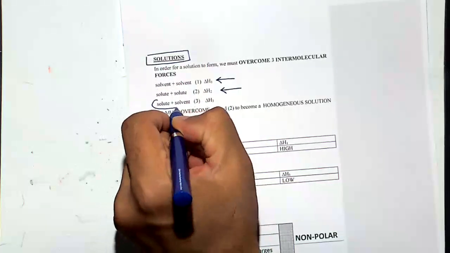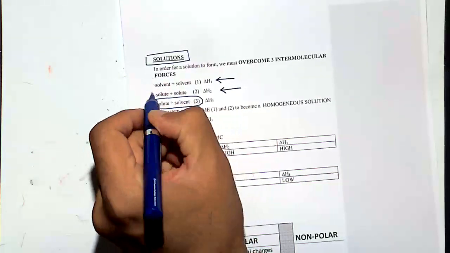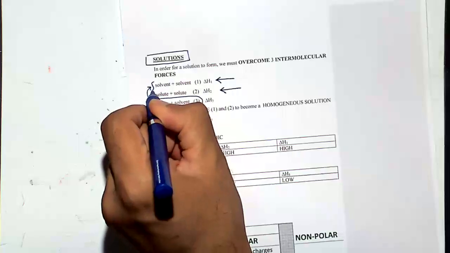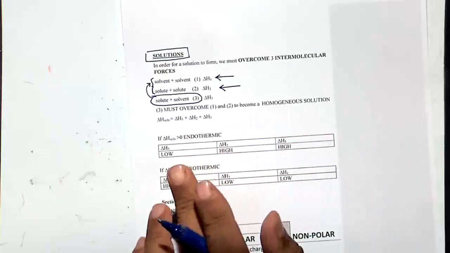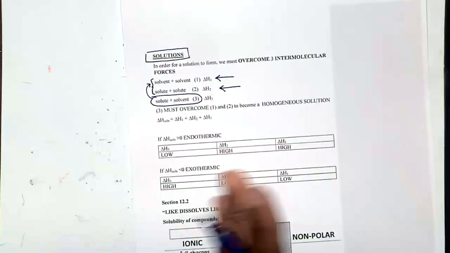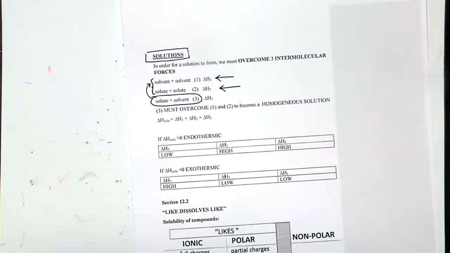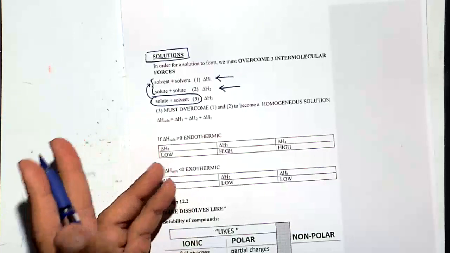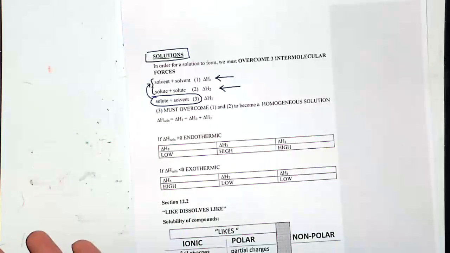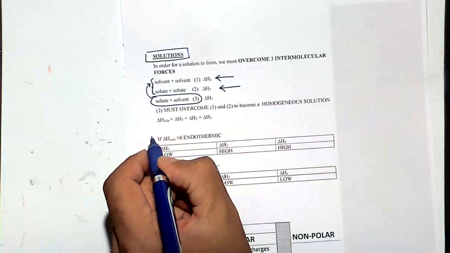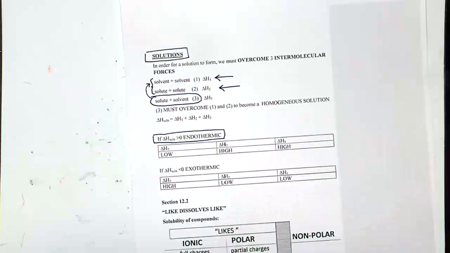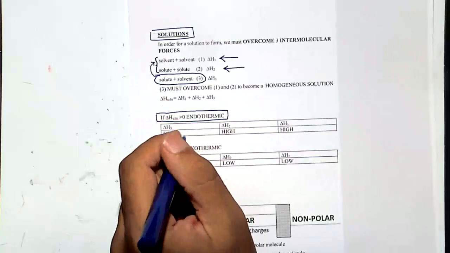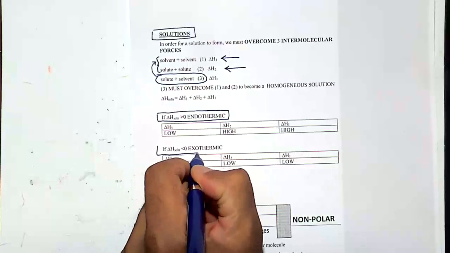And then the solute-solvent interaction must be greater than these other 2. So the glucose-water interaction must be greater than the water-water and sugar-sugar interactions. Sometimes you need to add heat, and we call that endothermic, and sometimes it goes in so well that it gives off heat, and that is exothermic.